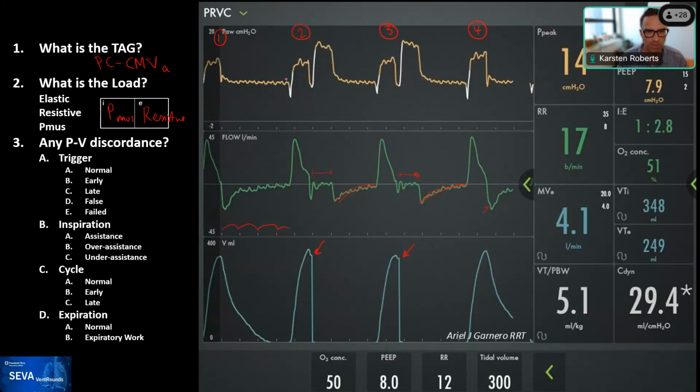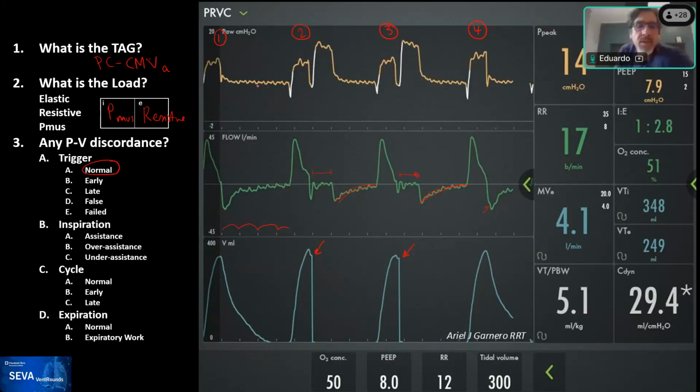And so we see this pressurization of the ventilator as soon as there's a trigger from the patient, so there's no delay necessarily. I don't see that as an early or a late trigger. Again, this is a complicated waveform, and the idea that there's a false or failed trigger occurring somewhere is tempting. But I will go with the consensus in the chat that this is a normal trigger.